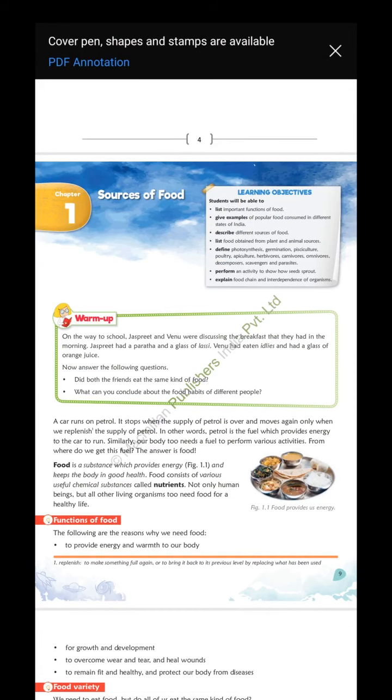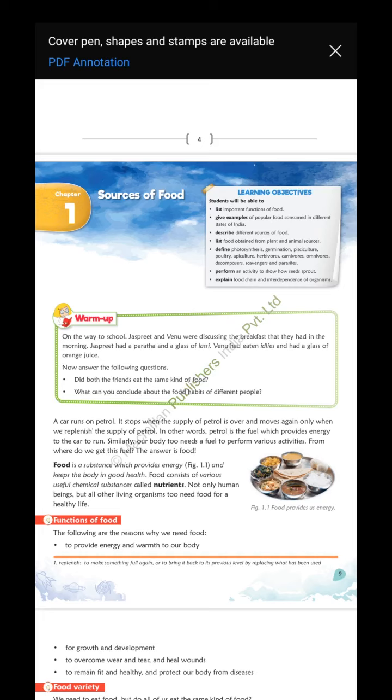Sources of food. What are the main sources of food? How are we getting food? Food is a substance which provides energy, needed by each and every living organism. Why? Because for breathing and blood circulation we need energy, and in sleeping also we need energy.